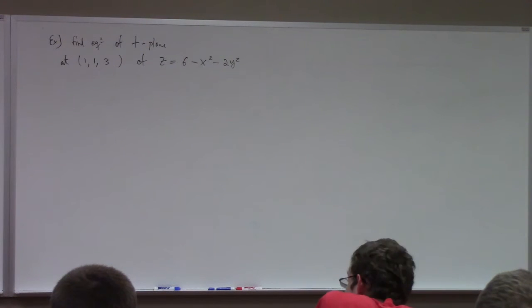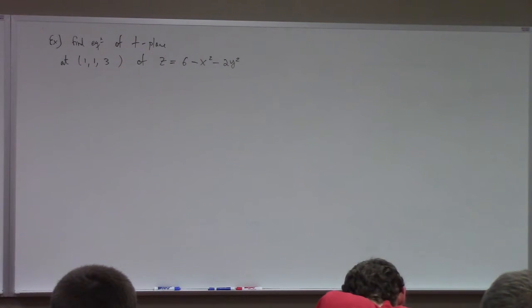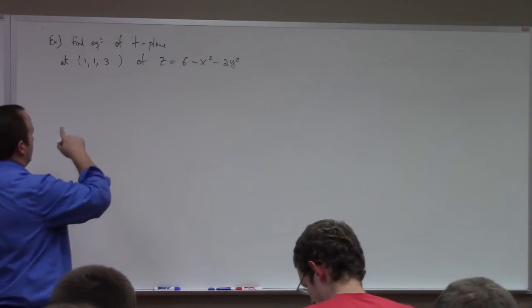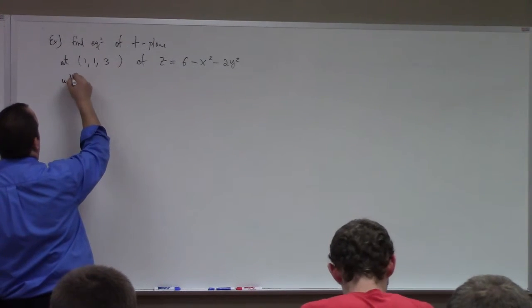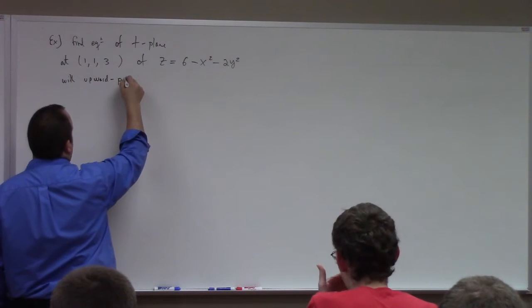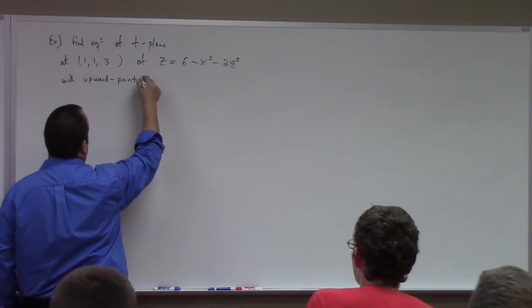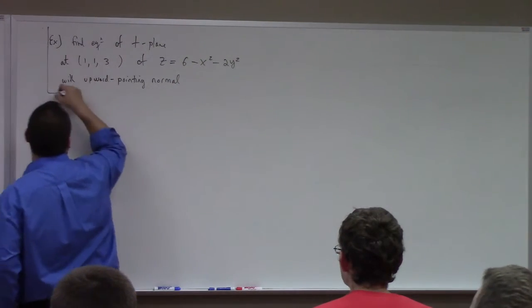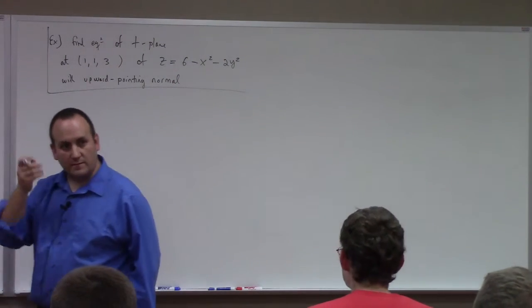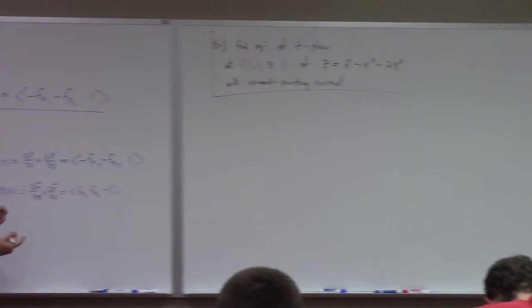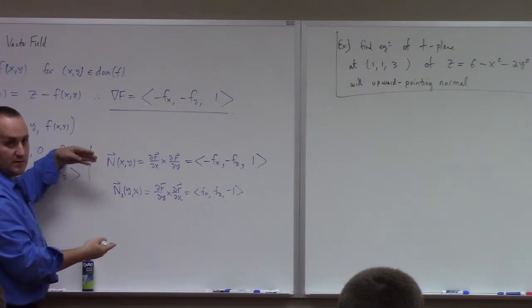And then assume that the normal's pointing upward. Find an equation of the tangent plane at this point with upward pointing normal. What should that be taken to mean? We usually think of the z direction as being upward. Which one of these is pointing up in the z direction? The first one, right?